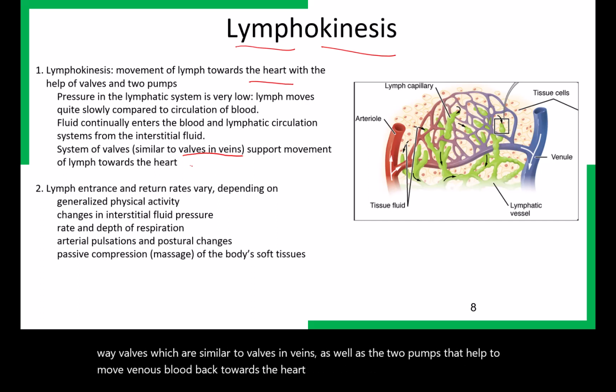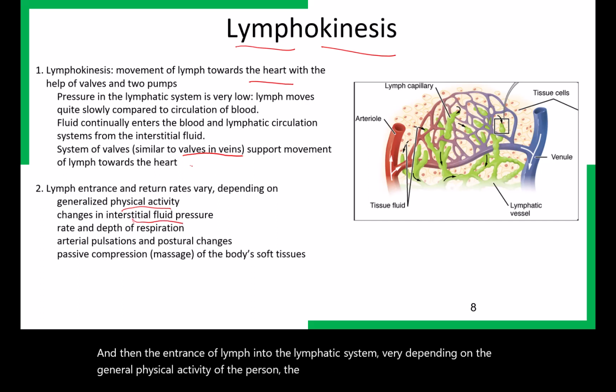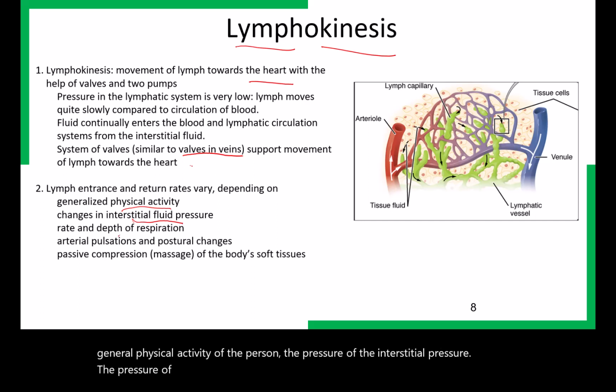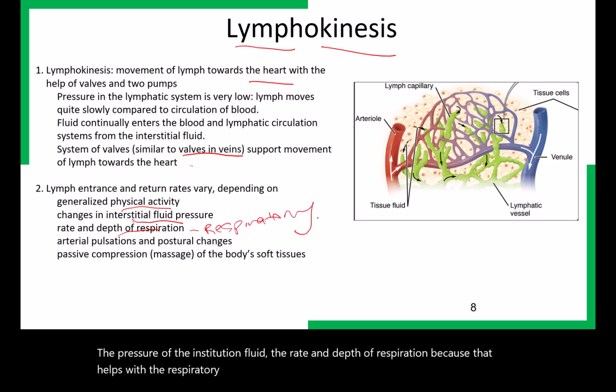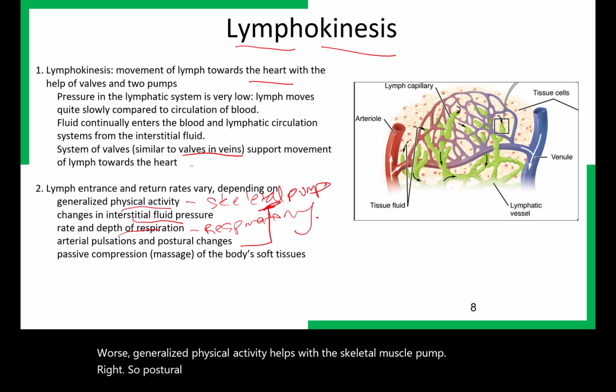The entrance of lymph into the lymphatic system varies depending on the general physical activity of the person, the pressure of the interstitial fluid, and the rate and depth of respiration, because that helps with the respiratory pump, whereas generalized physical activity helps with the skeletal muscle pump. Postural changes also help with the skeletal muscle pump.